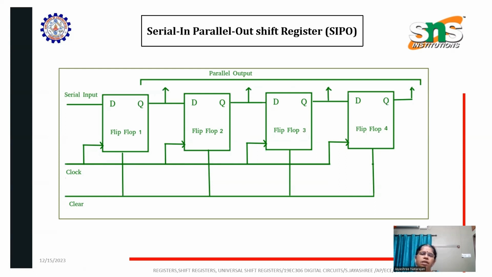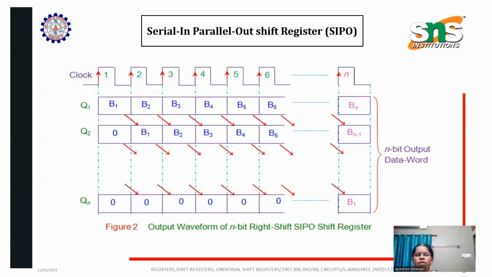This is SIPO. Look at this waveform picture: when the clock pulse is given, the information is transferred. The input is serial, but we take all 4 outputs, n-bit output. If it is a 4 flip-flop, 4-bit register, there is a 4-bit output.